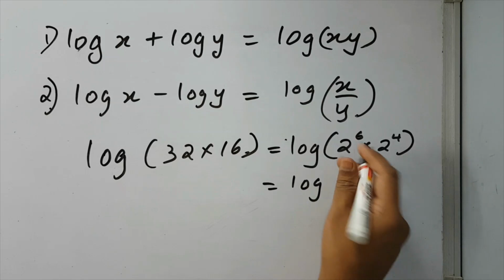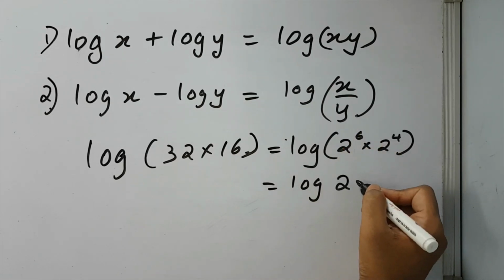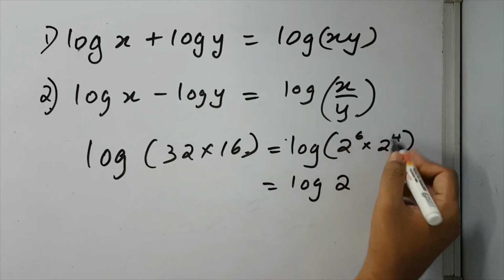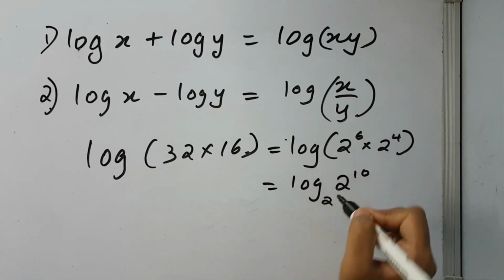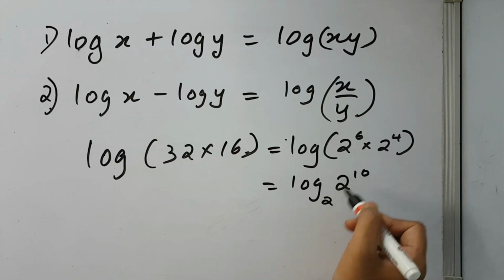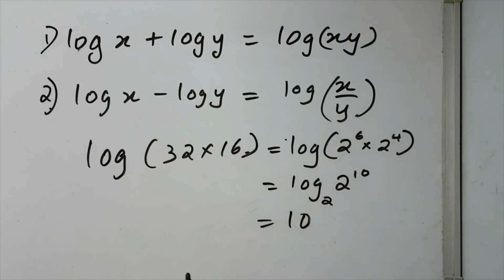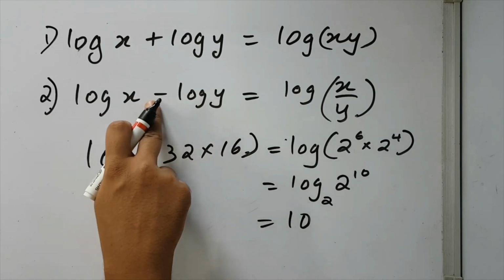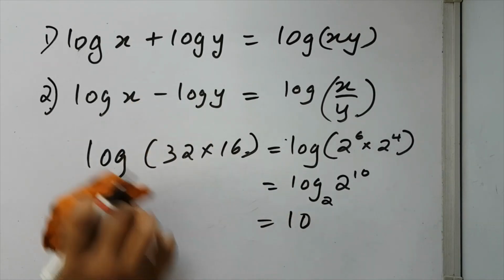So this becomes log of 2 raised to 9 to the base 2. So here the answer is quite clear that log of 2 raised to 9 to the base 2 is of course 9. Okay. Now similarly you could do the same thing for the difference of logs.